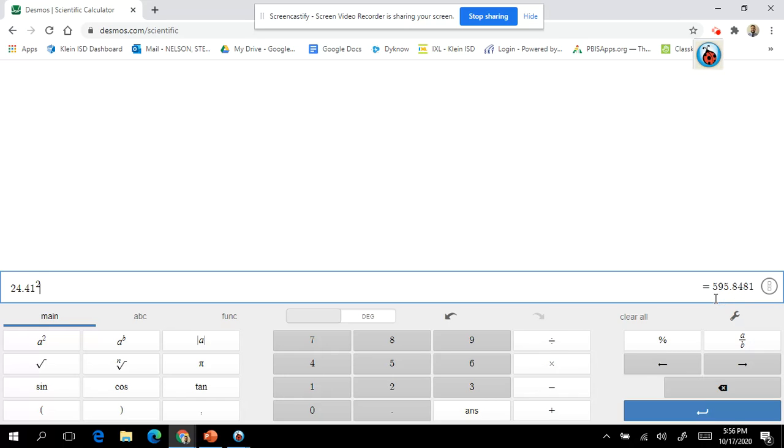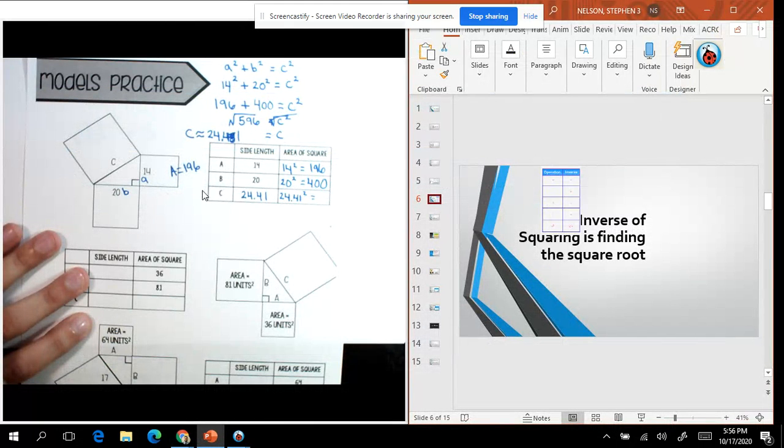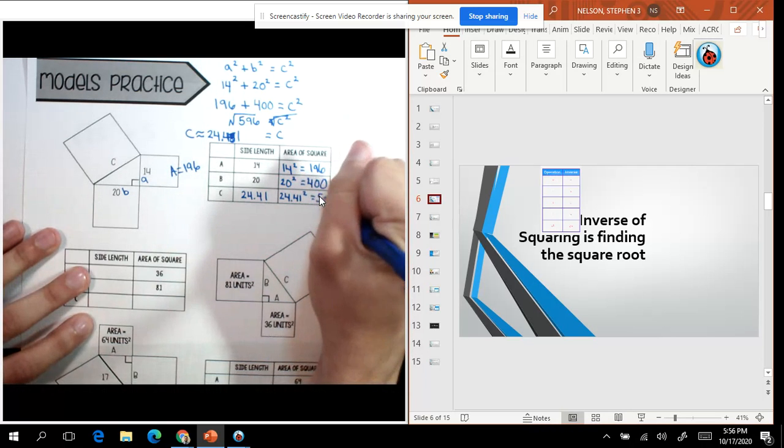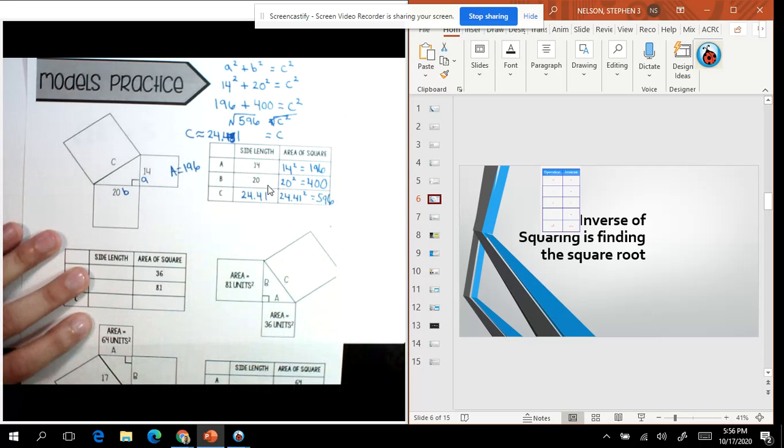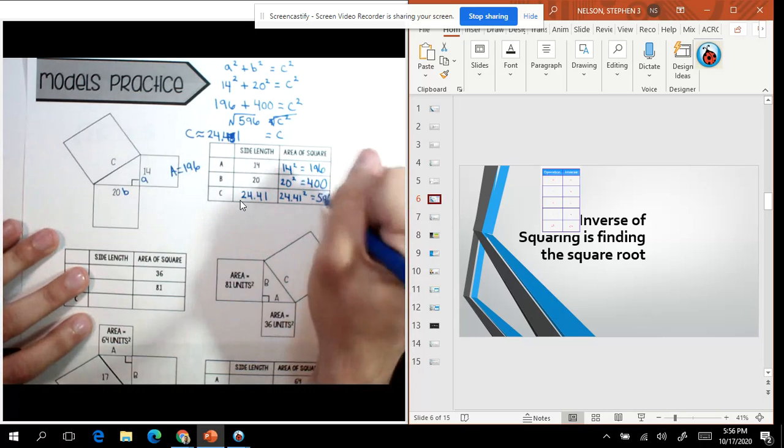So it's very close to 596, which is 400 plus 196. So you notice the area of this square plus the area of this square equals the square of the hypotenuse. So we can put 596, and we just round it off since they're about the same.